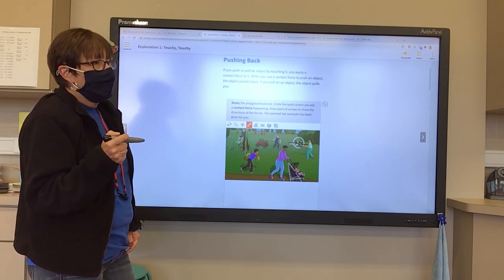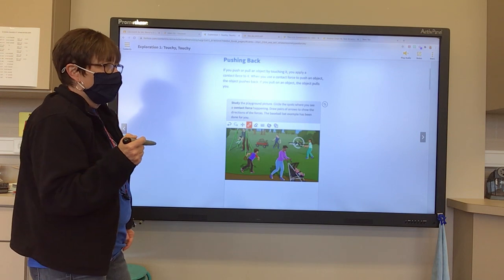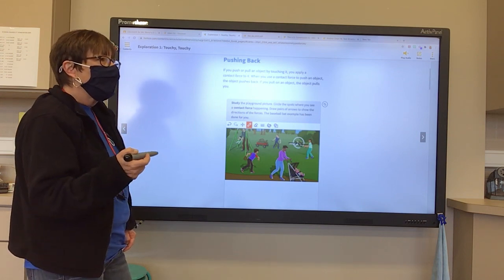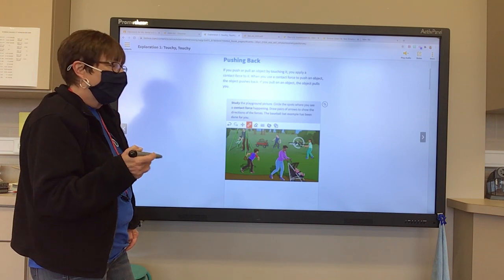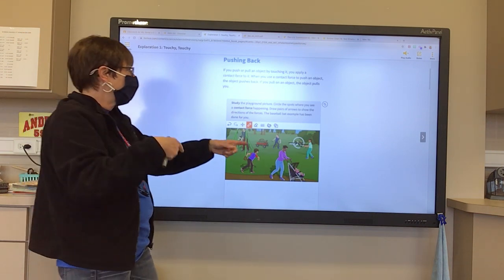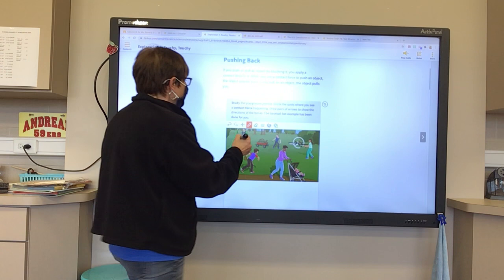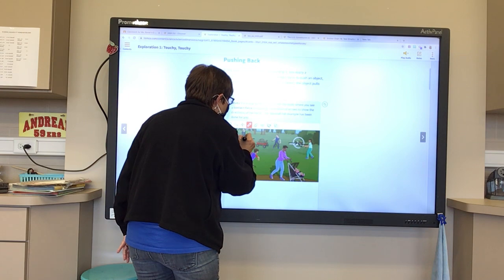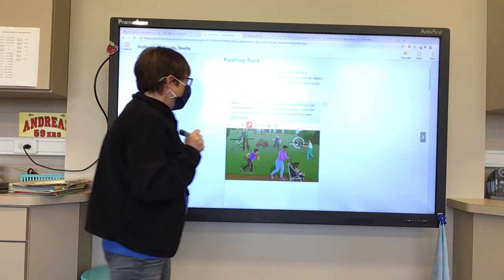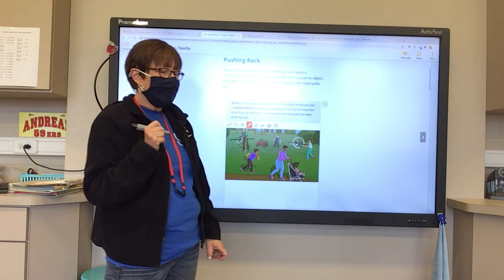The dad's pushing it forward and then it's pulling it back. Okay, so which way are my arrows going? So we're going to go like this. Draw your arrow like that, okay? Draw your arrows.